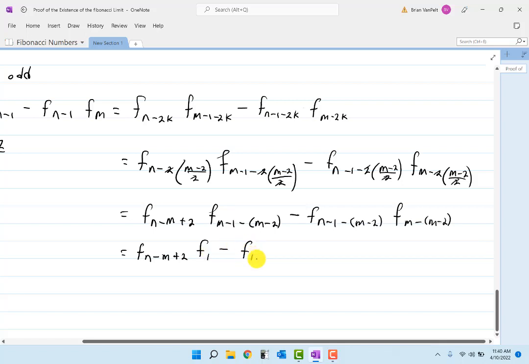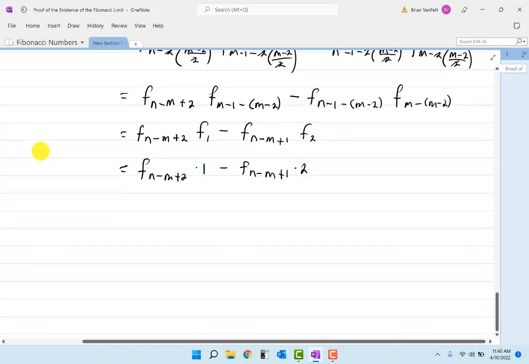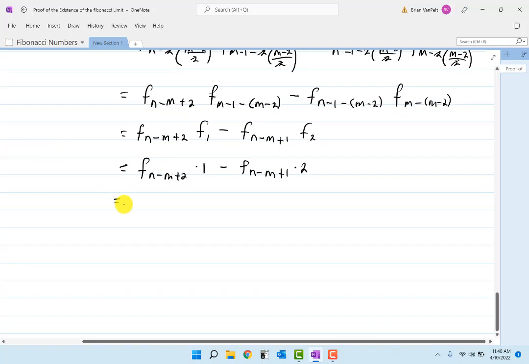We have f sub n minus m plus 1, and then we have f sub 2. So let me put in the numbers that I know. This is f sub n minus m plus 2 times 1 minus f sub n minus m plus 1 times 2. So this equals f sub n minus m plus 2 minus f sub n minus m plus 1, but that's 2 times that.